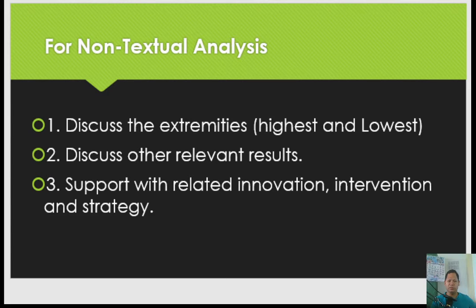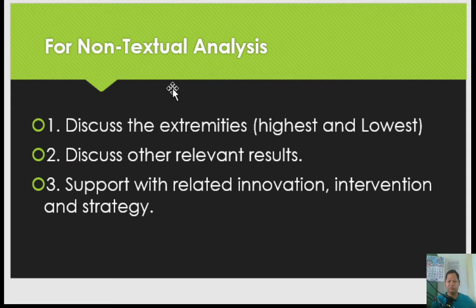For non-textual analysis, number one, discuss the extremities, so highest and lowest or mean. You can use tables, graphs, charts to have your analysis. Number two, discuss other relevant results that would also answer your research questions.